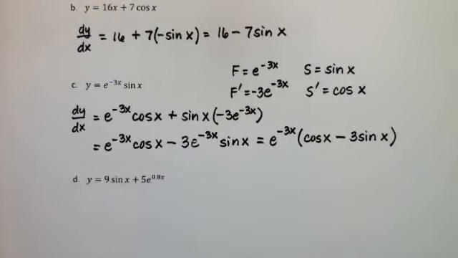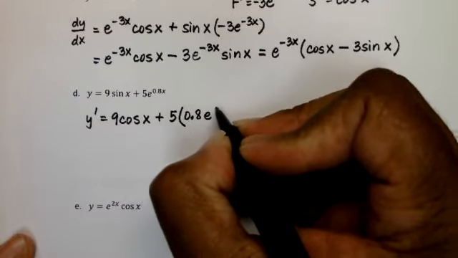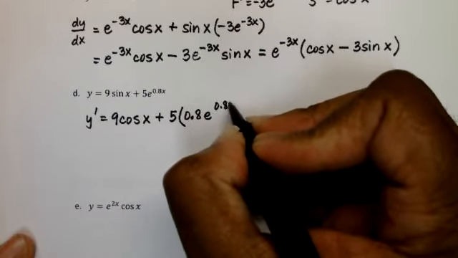Let's take a look at part D. We got y equals 9 sine of x plus 5 times e to the 0.8x. Okay. So to find y prime, I'm going to bring down the 9, take the derivative of the sine of x, which is the cosine of x, plus bring down this 5. That e to the kx rule, if I take the derivative of e to the kx, that would be 0.8, and then copy over the e to the 0.8x.